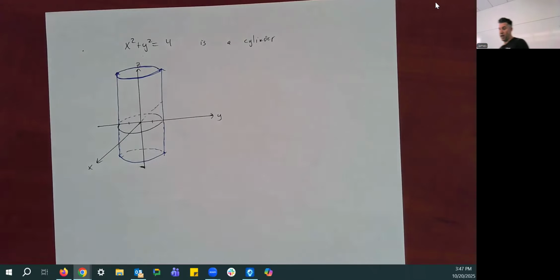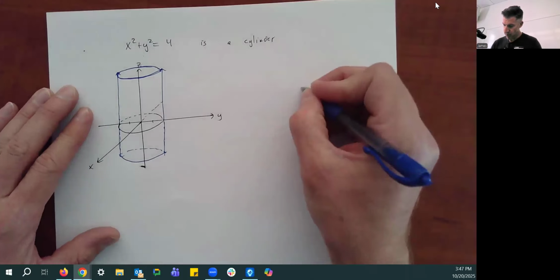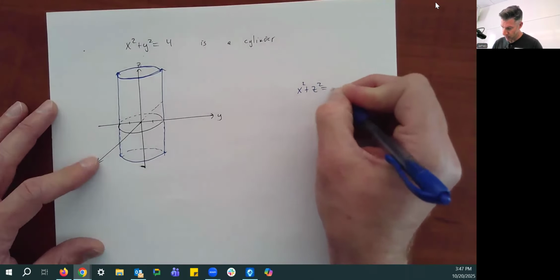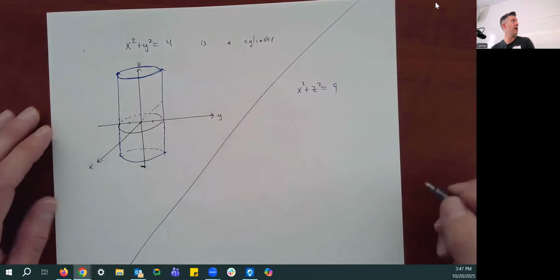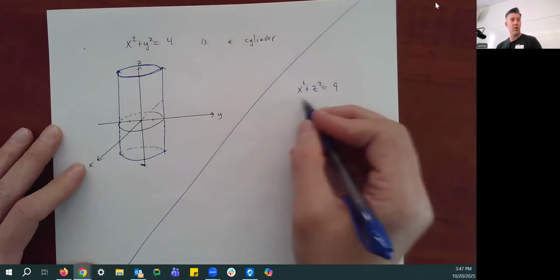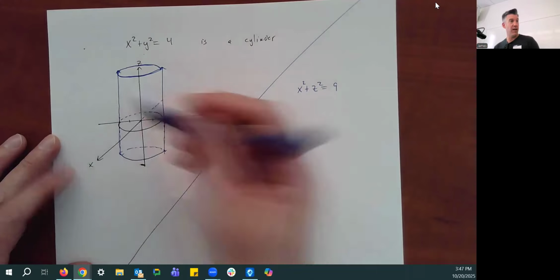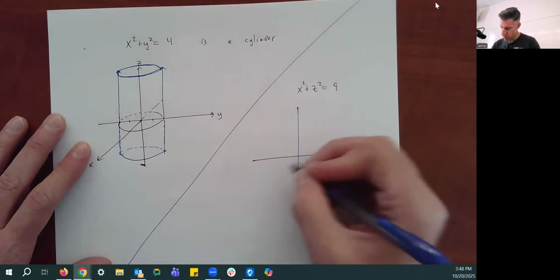Like if I said instead the equation, for example, x squared plus z squared equal to 9. Well, that's also a cylinder, but now instead of opening along the z-axis, it's opening along the y-axis because y is the variable that's not showing up. So now we're getting a circle in the xz plane, which I find harder to draw.